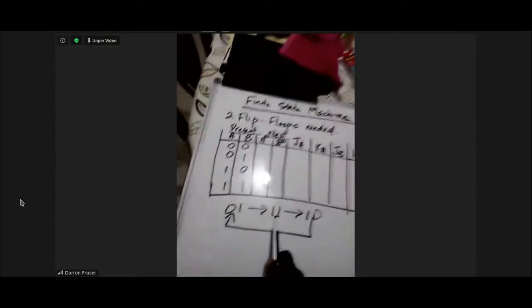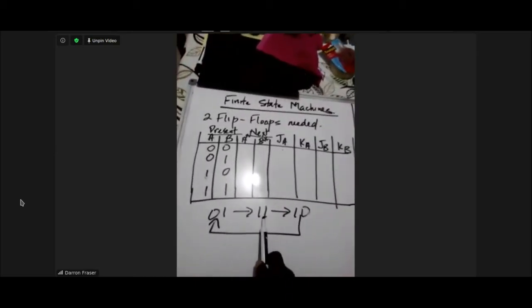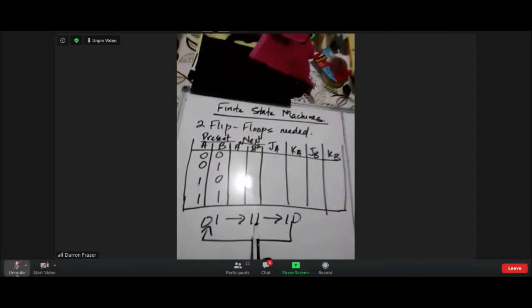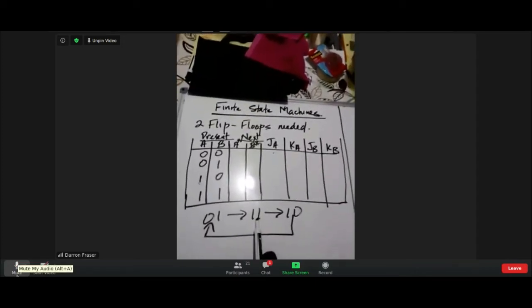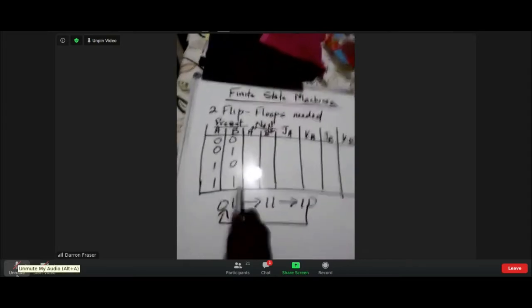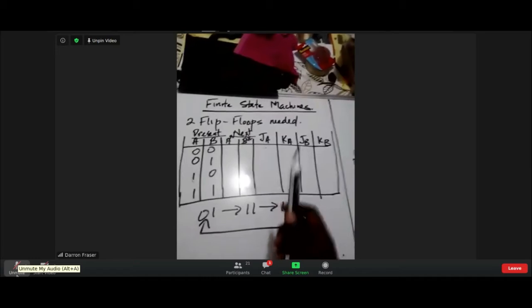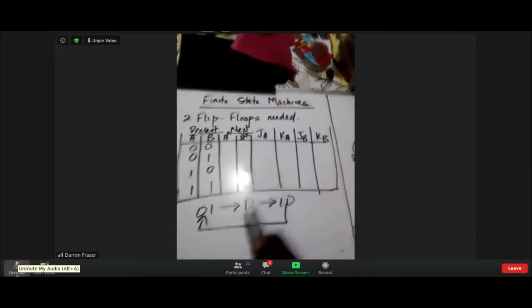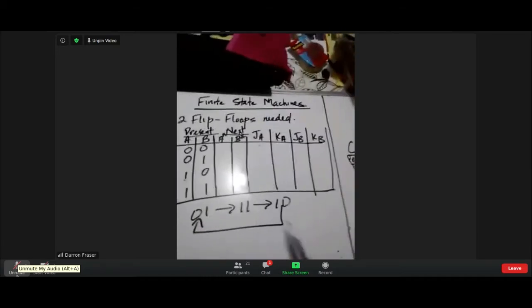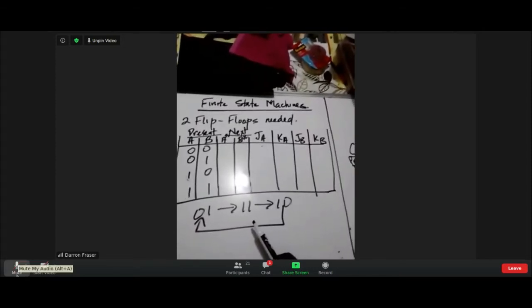If I'm at 1, 1, presently, what is the next state that I'm going to go to? 1, 0.